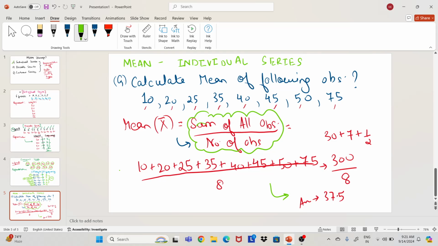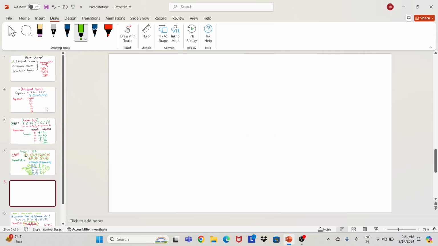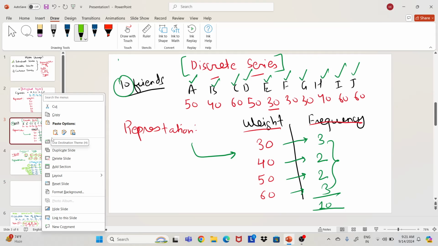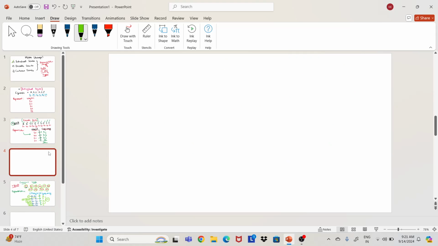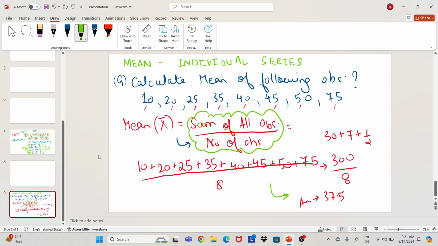Now wait, let me add some slides. So this was the calculation of mean. Now I'll be writing some questions. Just pause the video and try to solve them.